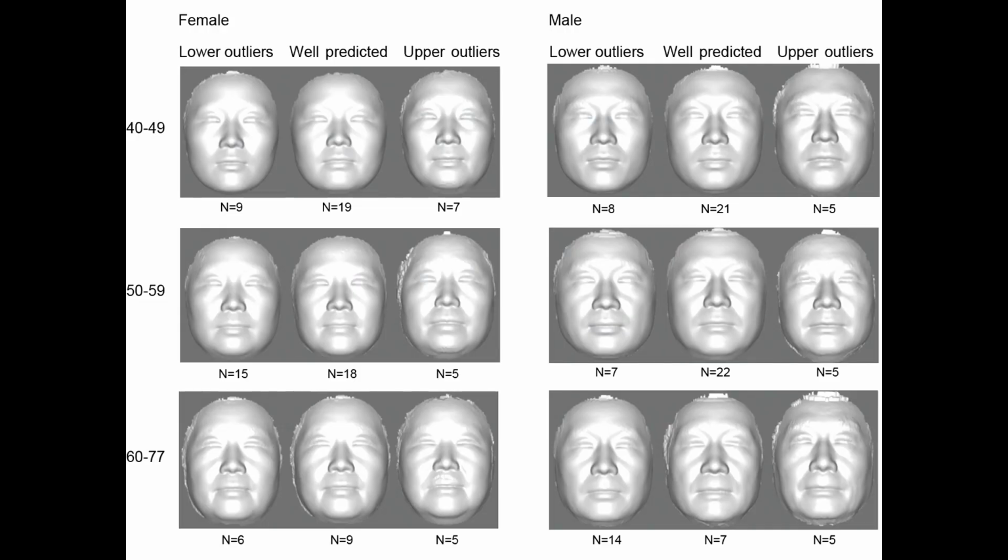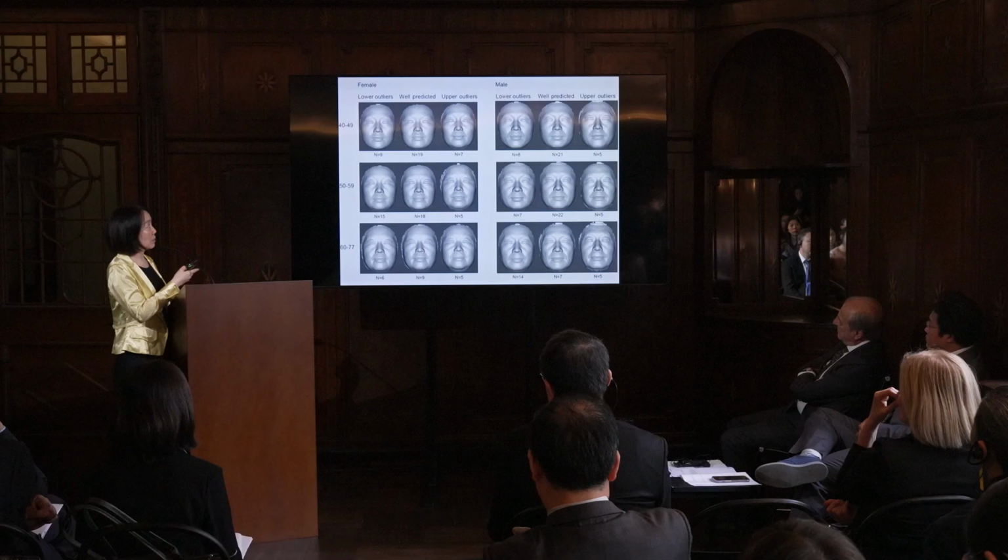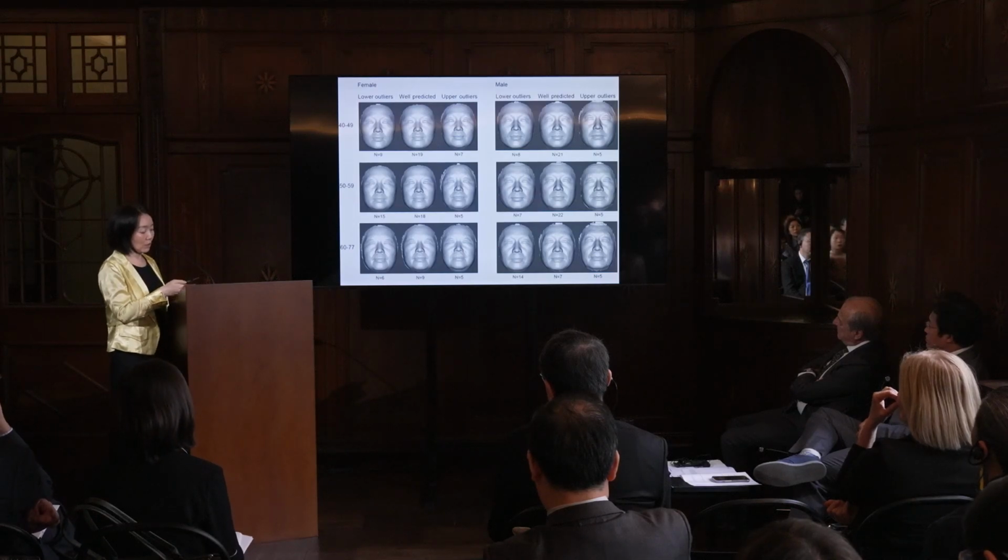For example, here, these are people of the same chronological age group. The fast agers, or the upper outliers, do look older, right? And the lower outliers, or the younger outliers, do look younger. This is similar for different age groups, for females and males as well.